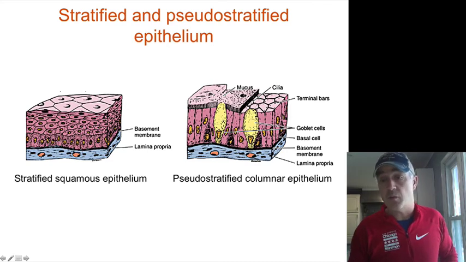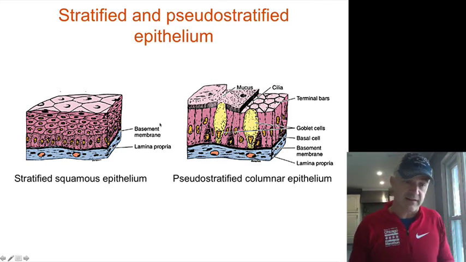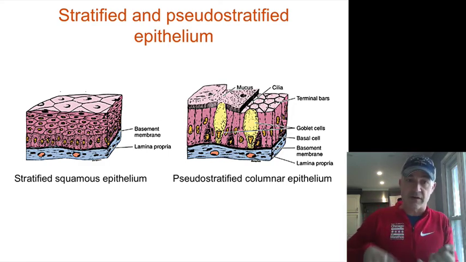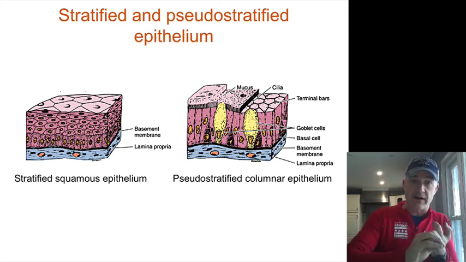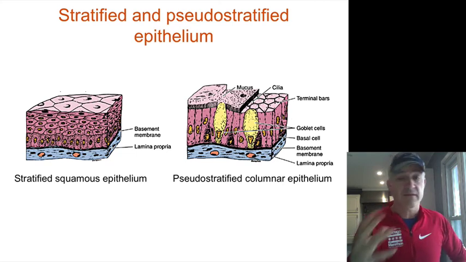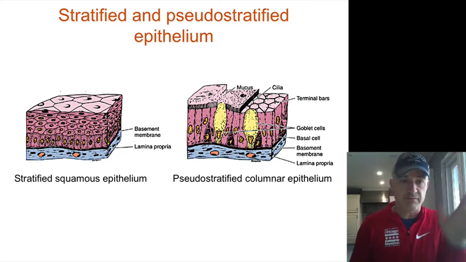So that is one of those weird ones that doesn't fit into our basic six of simple squamous, simple cuboidal, simple columnar, stratified squamous, stratified cuboidal, stratified columnar. Pseudostratified would be one of those types that falls out of those basic six.